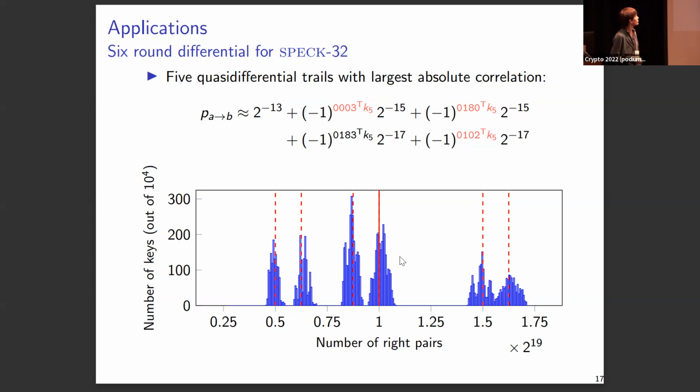And then you can just compute what possible values that can give. This is the red lines here, and you can see that it matches those peaks. You can also compute how many keys there would be in each of those peaks, of course. So this gives a sort of simple model. If you want to improve, you just need to take into account more trails.